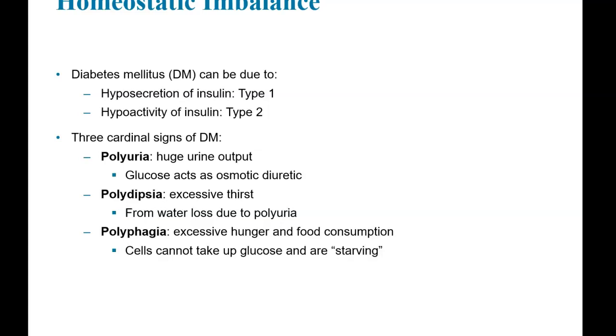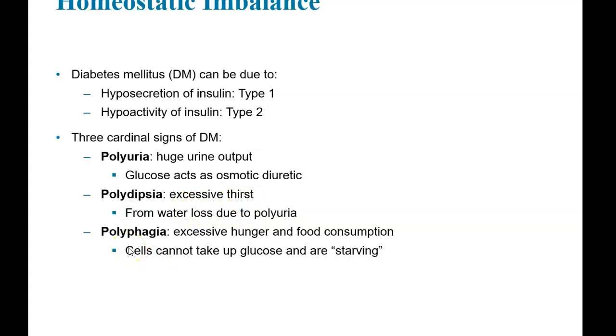And when it doesn't do that, a lot of sugar is going out with the urine. And when that happens, the water is going to be drawn into the urine and leaves your body. So it causes you to lose a lot of water. There's also polydipsia, which means excessive thirst. That's related to the first one because if you're losing a lot of water, you're going to be thirsty.